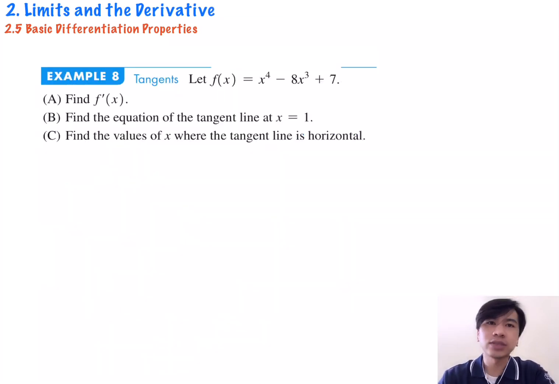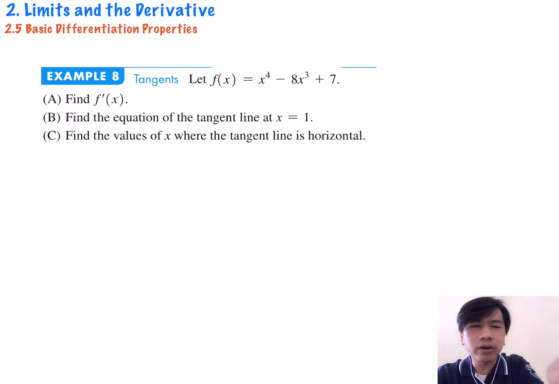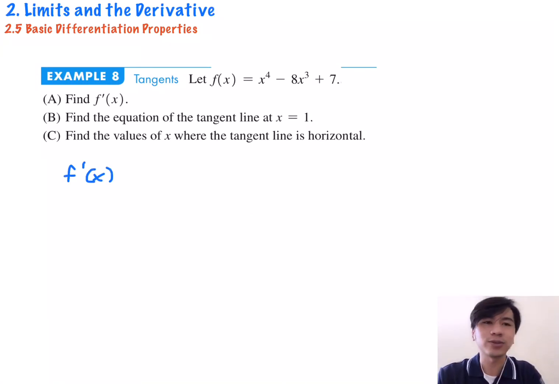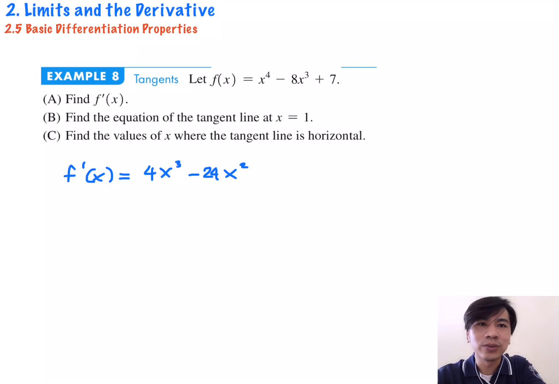Okay, so let's do the last problem. Tangents. Let f of x equal x to the power of 4, minus 8x cubed. Find f prime of x. Now let's try to do this. x to the power of 4, the derivative will be 4x to the power of 3, minus 24x to the power of 2.